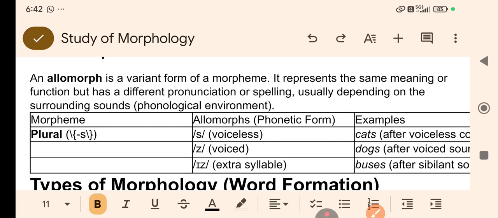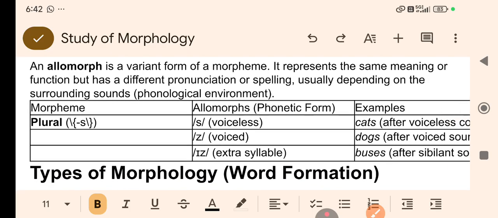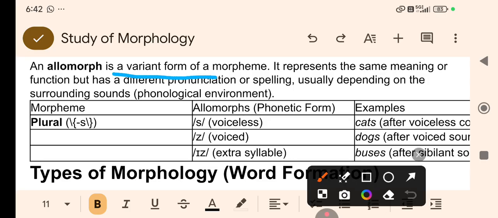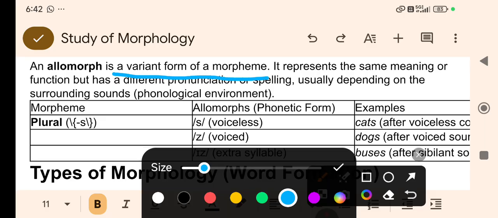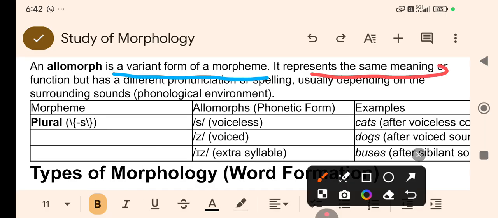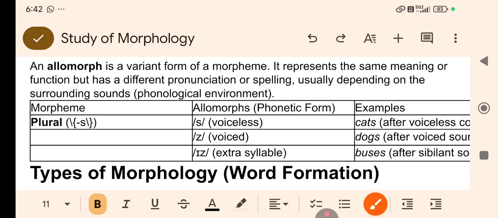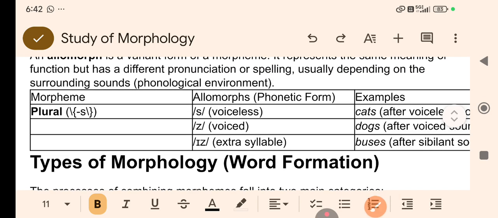An allomorph is a variant form of a morpheme. It represents the same meaning. Here also, the meaning does not change. The meaning or function does not change, but it has a different pronunciation or spelling, right?